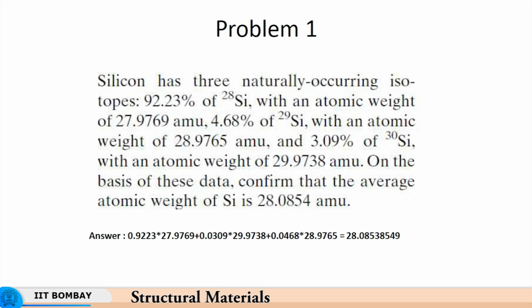So, it has an atomic weight of 29.9738, and so we add these 3 together. The second one, 29Si, has an atomic weight of 28.9765, and it is present to the extent of 4.68%. So, 0.0468 into 28.9765, this gives you a total of this. So, basically the average atomic weight of silicon gets verified.